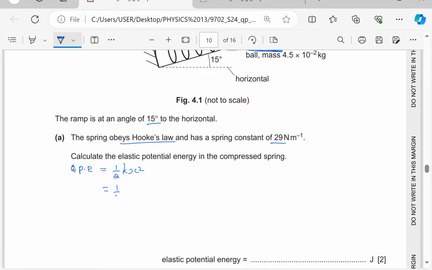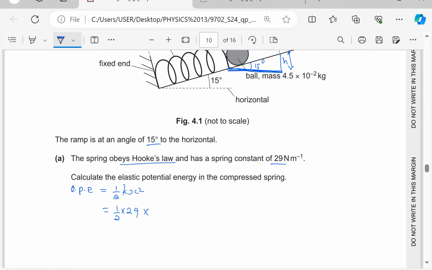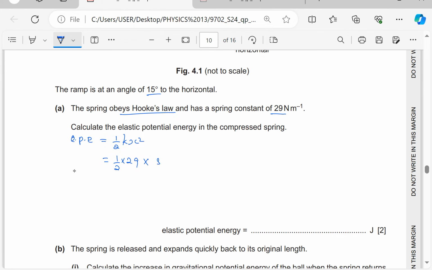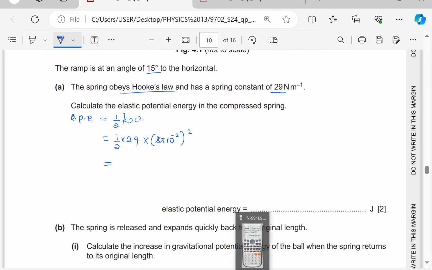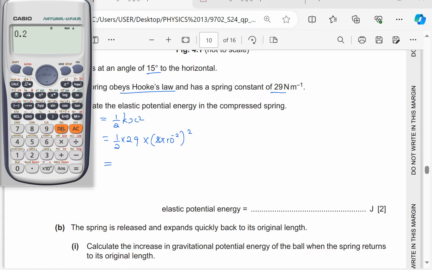This is going to be a half times k. k has been given as 29 times x. Of course, the compression is 8 times 10 to the power of minus 2, and that is squared. So this is going to be 0.5 times 29 times 8 exponent minus 2, but this should be squared.